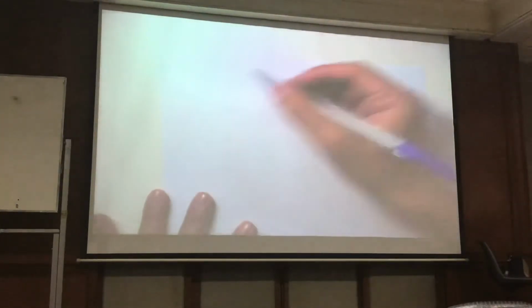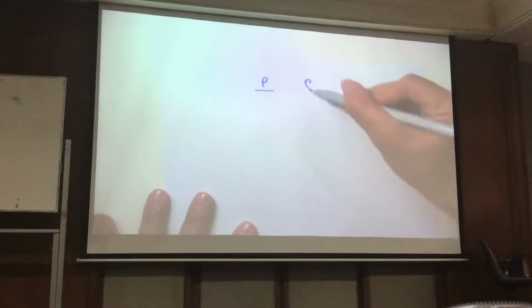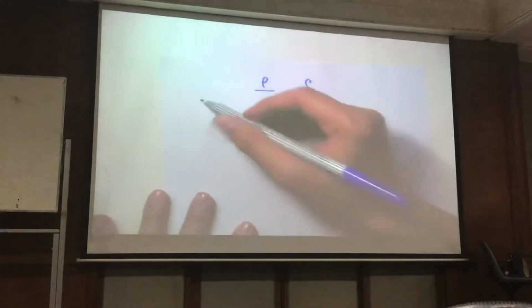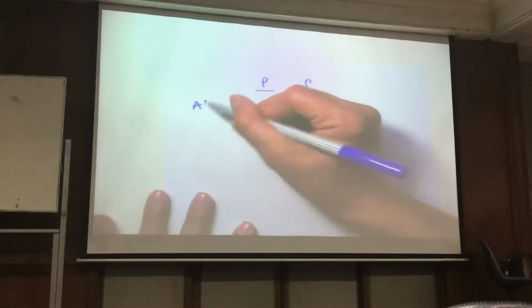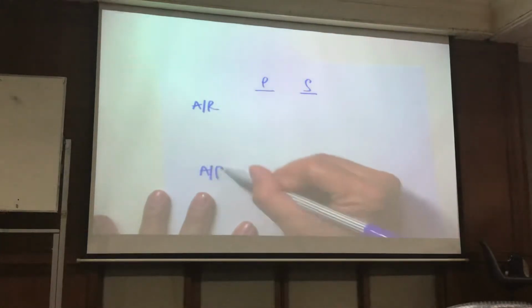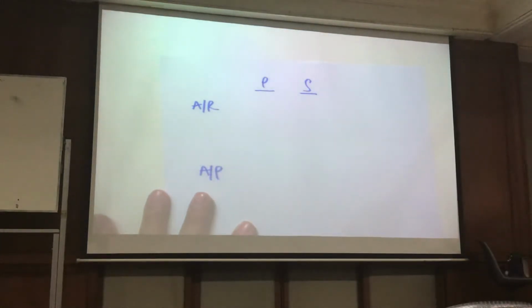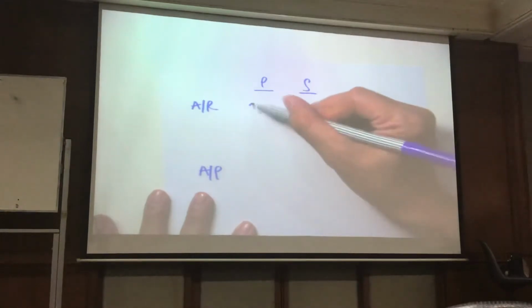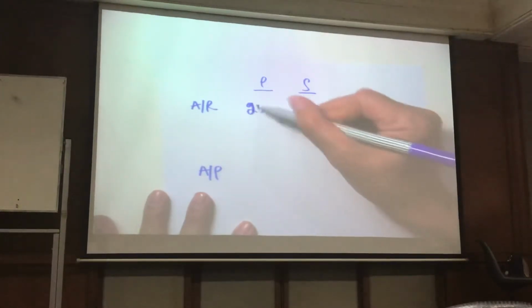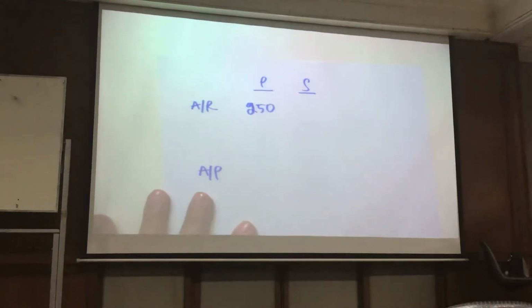So if I go to the financial statements of the parent and subsidiary, let's go with this one first. We have AR and we have AP. The parent says I have AR of 250. The subsidiary says I have AR of 120.